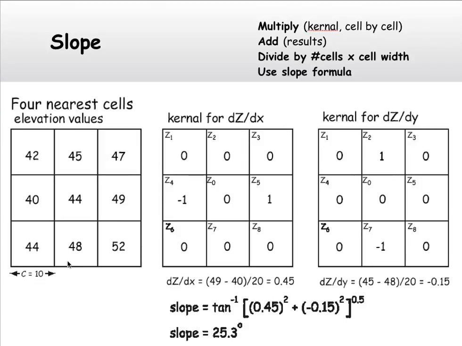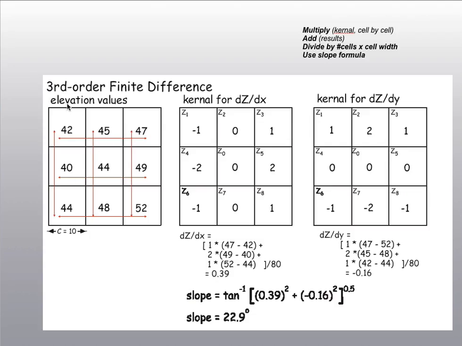Now there's another method we could use besides this for nearest neighbor elevation values, and it says, well, I don't want to just use the primacy of these two, showing a kernel like this, a 1 minus 1 and a 1 minus 1 in the two directions. I want to look at this combination of all the kernels, but I want to weight these middle ones, all these cells.